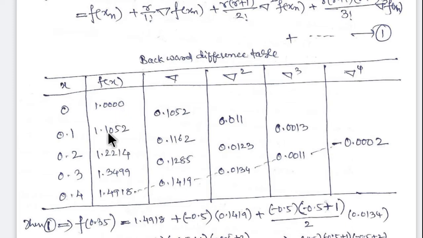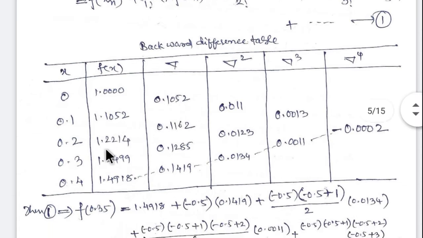The entries are 1.000, 1.1052, 1.2214, 1.3499, 1.4918. Taking differences, similarly: 1.1052 minus 1.000 gives 0.1052.